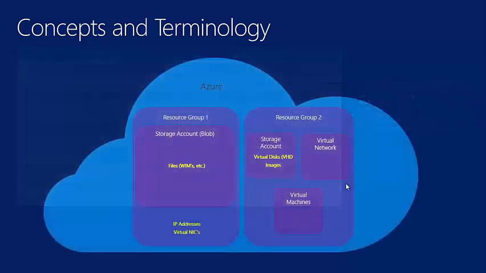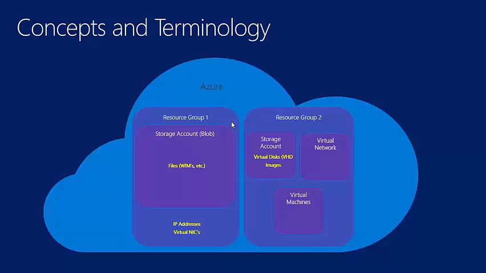Okay, so graphically, I've kind of cobbled this together to give you an idea of what I'm talking about. We have Azure, this big cloud service. In Azure, you will create 1 or more resource groups. The resource groups are basically the sandbox that contain other objects.